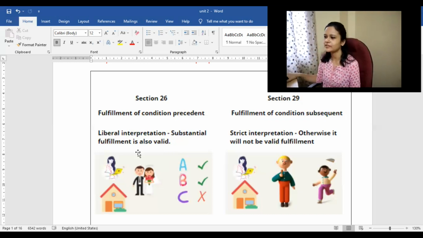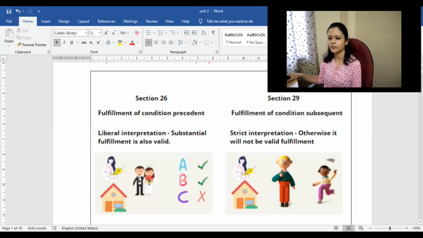All right. So take for example, in one case, a person says, I have this property, and I will transfer it to you only on a condition that you marry with the consent of A, B, and C. So it is a condition precedent.